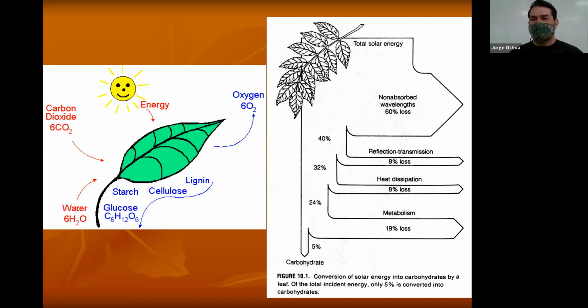So the leaves, everything has cellulose, and it can be made even stronger and made into lignin, and that will be some of the fibers and some of the wood that you will find on plants. So all of that comes from the glucose, the product of photosynthesis. And as a byproduct, the plant is going to have oxygen.